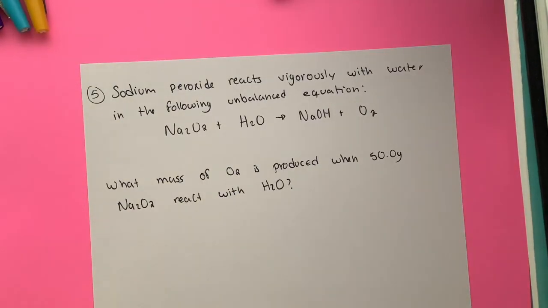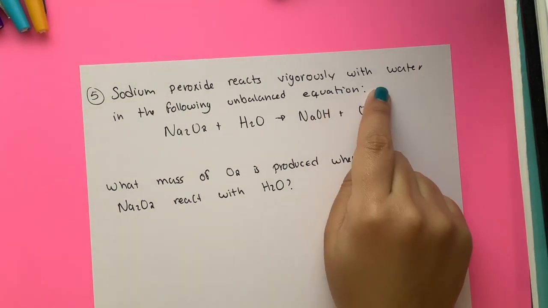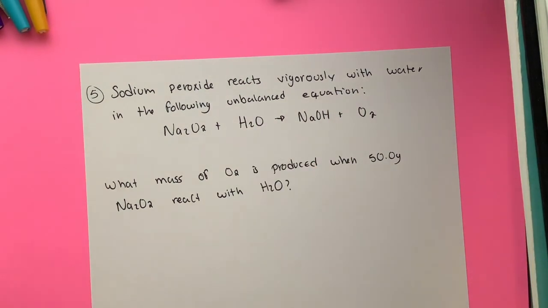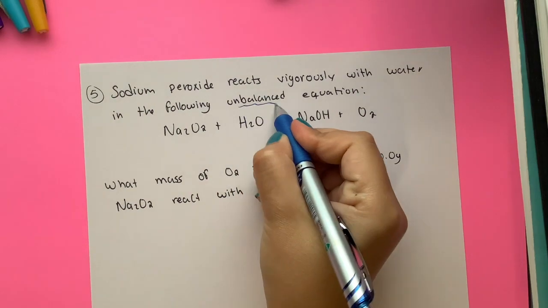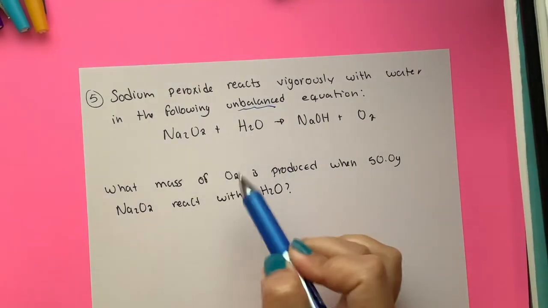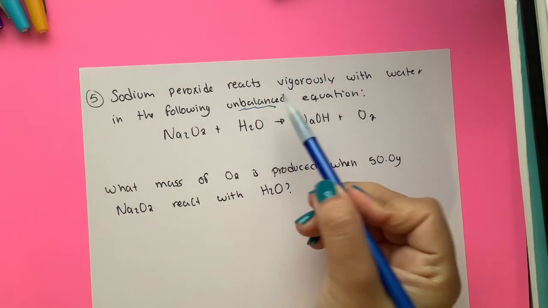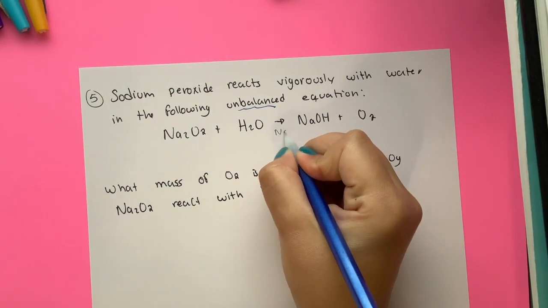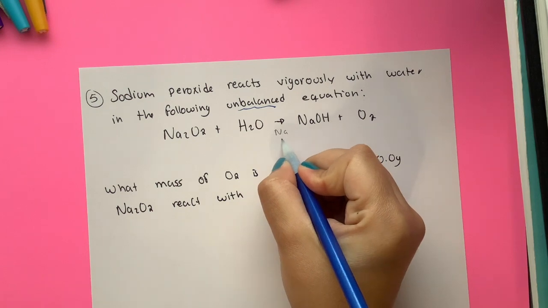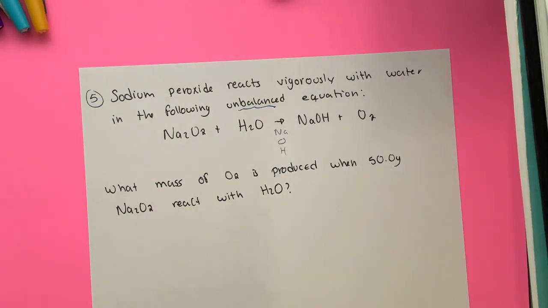Question 5 says, sodium peroxide reacts vigorously with water in the following unbalanced chemical equation. Unbalanced. So before we even read the second part, we're going to go ahead and balance this equation. Again, I'm going to write all my compounds and elements at the bottom and count.